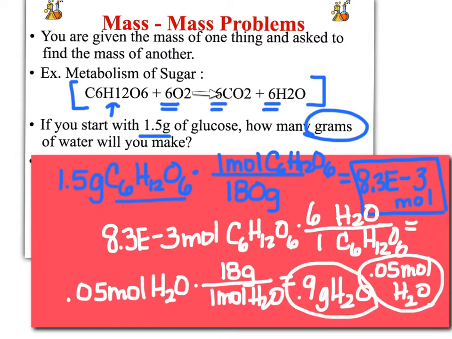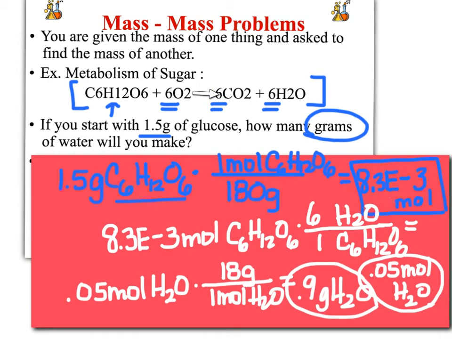Now, here's the issue with this. We basically did 3 problems here to solve this. We already knew from our previous slide that we can relate moles of one thing, in this case the glucose, to moles of something else. The problem is they didn't give us moles. So we went back to our mole chapter and we said, well, we can change the grams of glucose to moles, and that was what I did first.